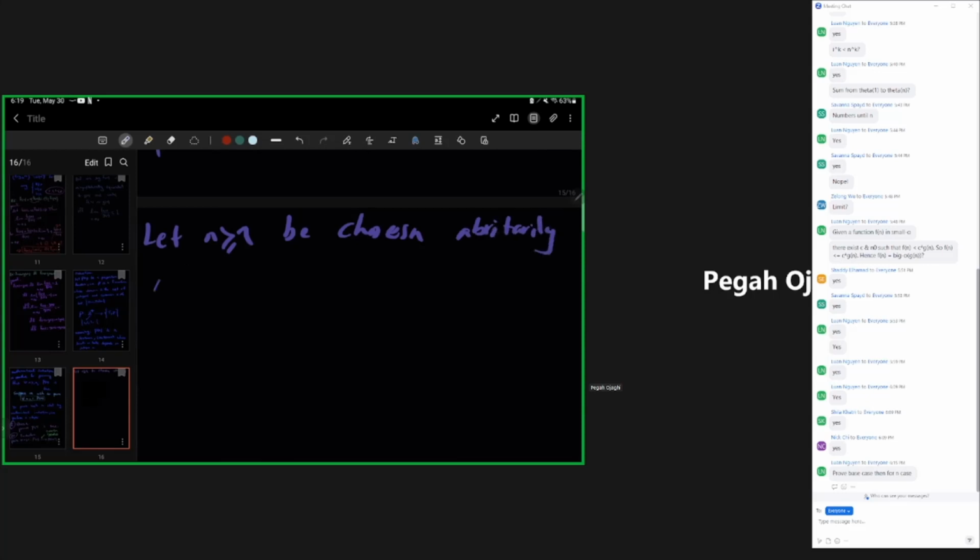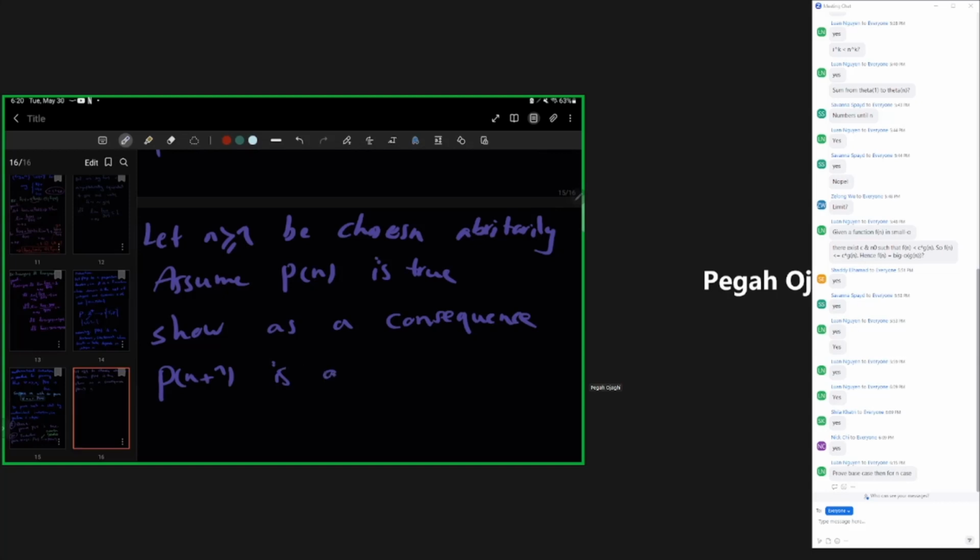And then we say assume, this is the assumption, Pn is true. And what are we going to show? We show as a consequence Pn plus 1 is also true. This is the way induction works. You assume something and show the other way works.